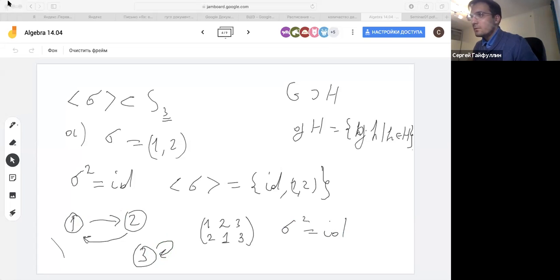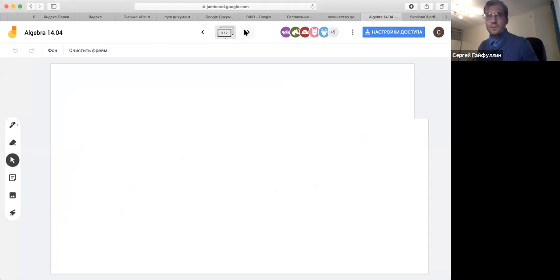So now we just by brute force go through all of the group S3 and describe all left cosets.